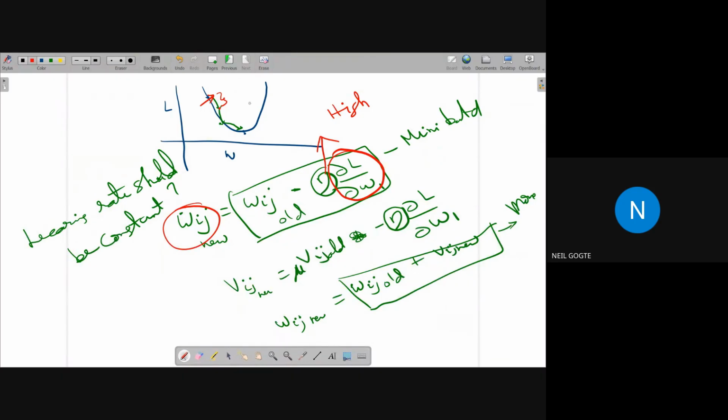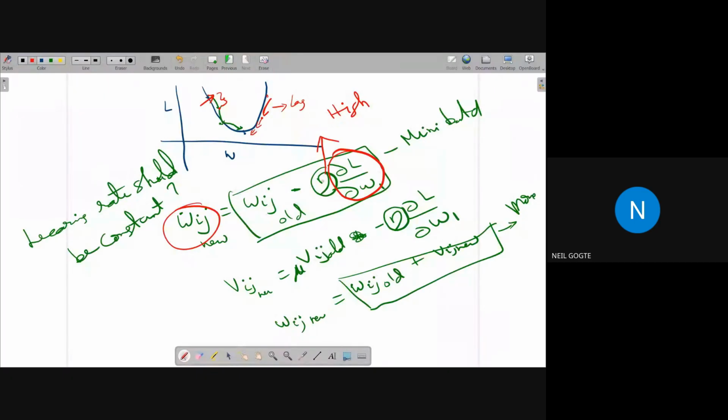So what they say is, initially the size of the change should be large, but as we come closer to the minima, the size of this should keep dropping. This should be large. As we come close to the minima, the step should become smaller, and the size of this step is influenced by this eta or nu.